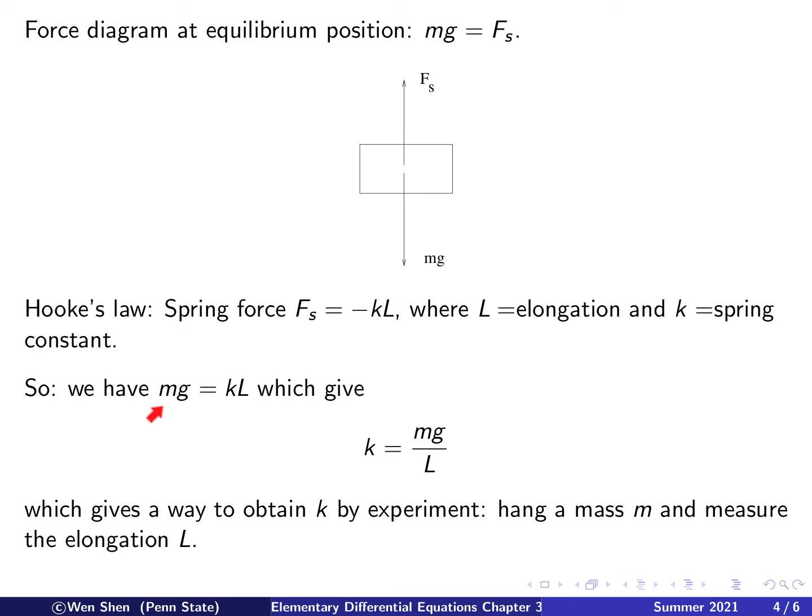Then we have mg equals kL, and using this, we can compute k, the spring constant, which will equal mg over L by simply dividing both sides by capital L. So this relation tells us a way to obtain the spring constant by this simple experiment.